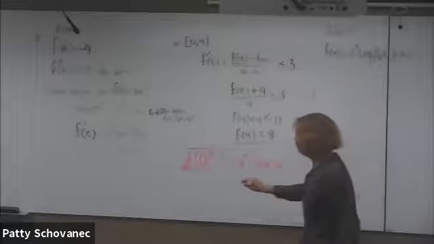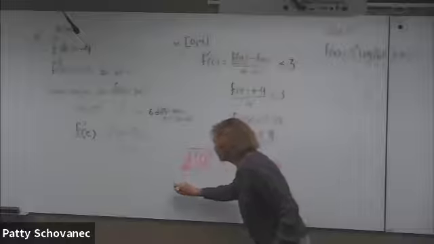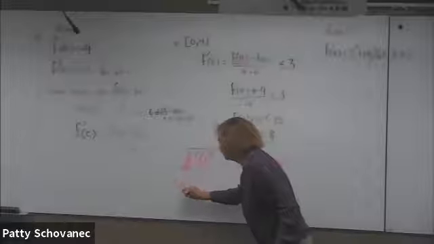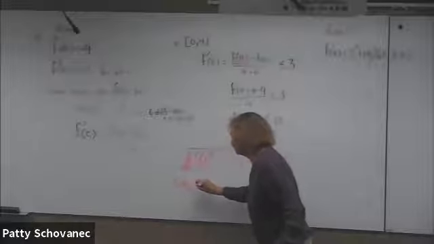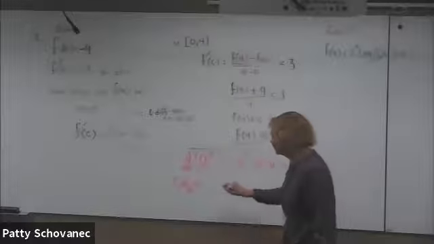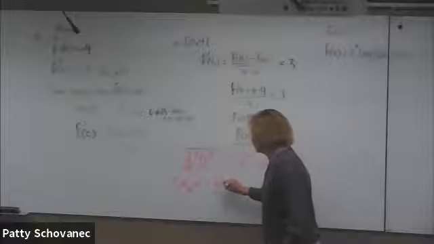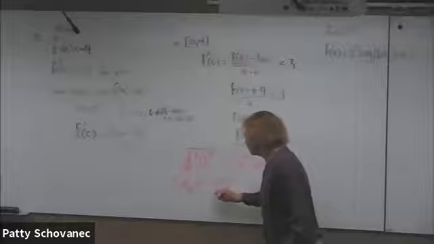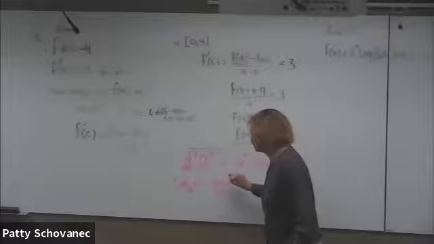Then to take the derivative of other logarithms, we can use the change of base formula, that the log base b of any function of x is equal to the natural log of that divided by the natural log of the base, and then you can take the derivative of that.